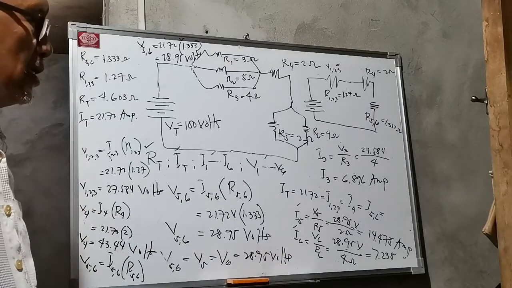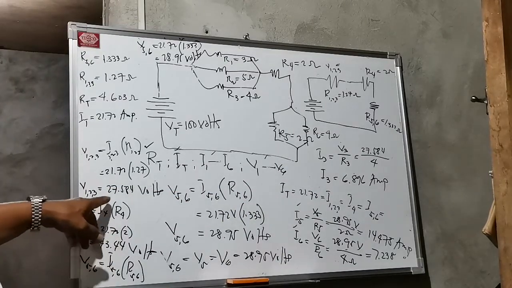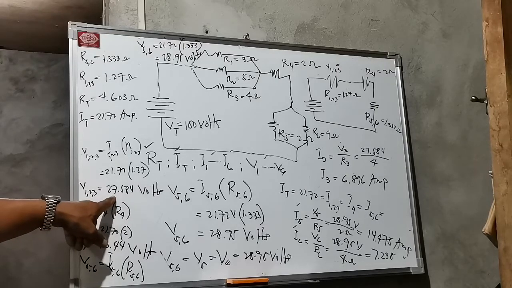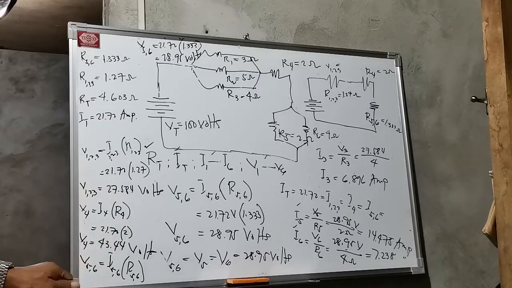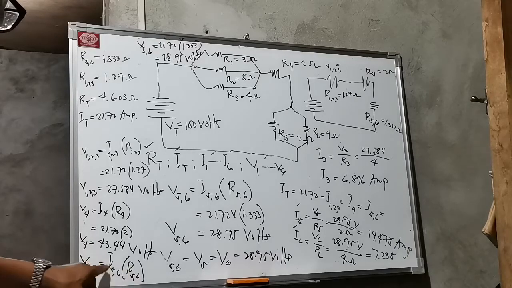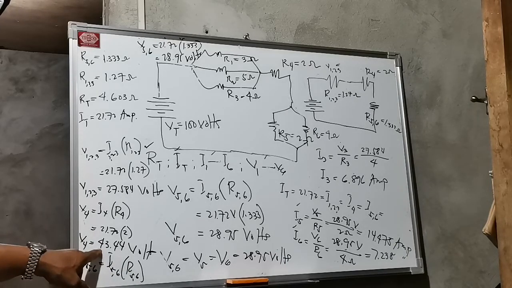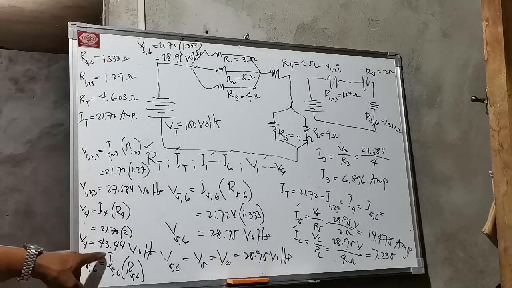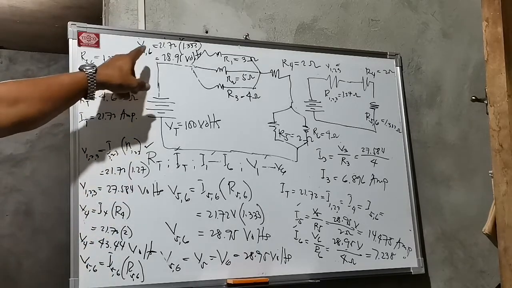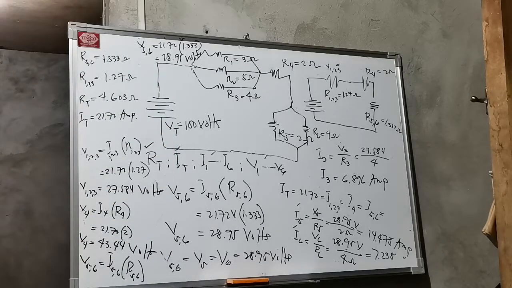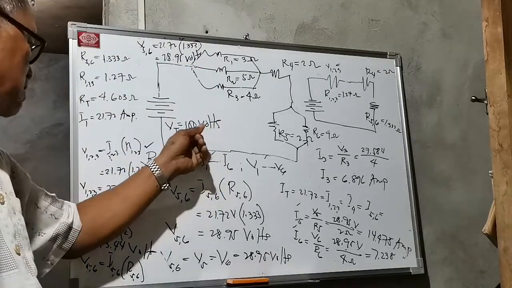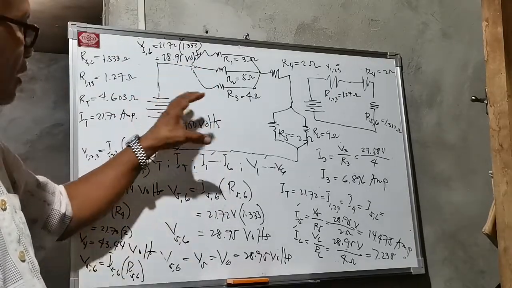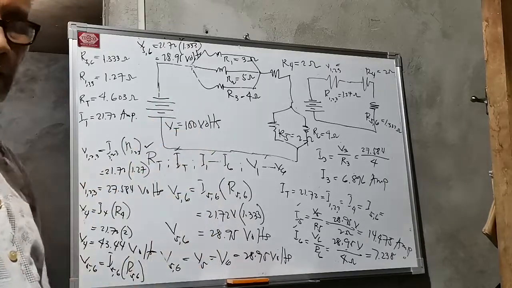The voltages in that connection add up. We start with 27.584 plus V4, 43.44, plus the V56, which is 28.95 volts. That gives 99.97, which is very correct, and if we round it up, we get 100 volts.